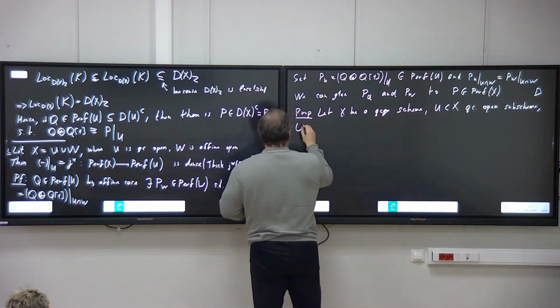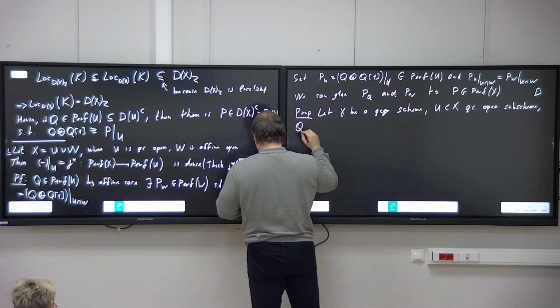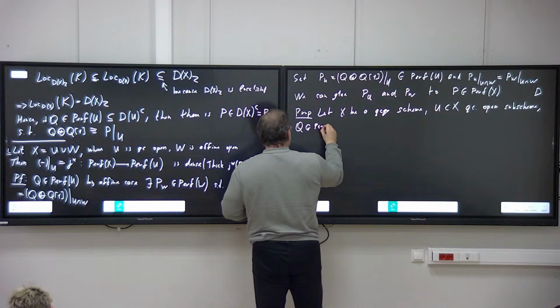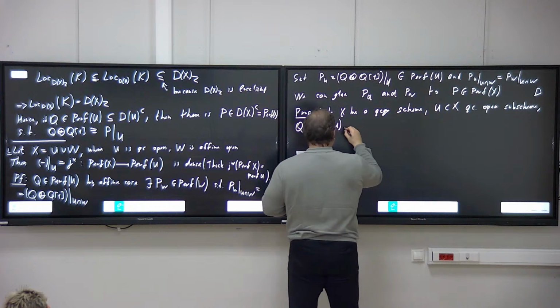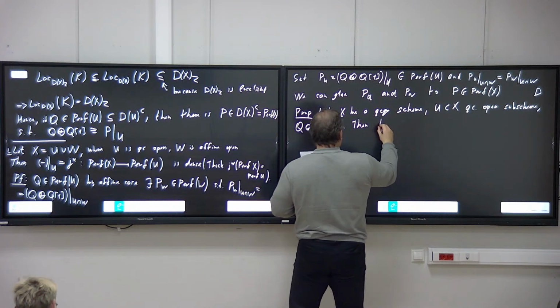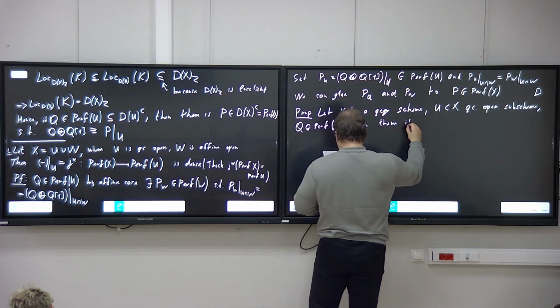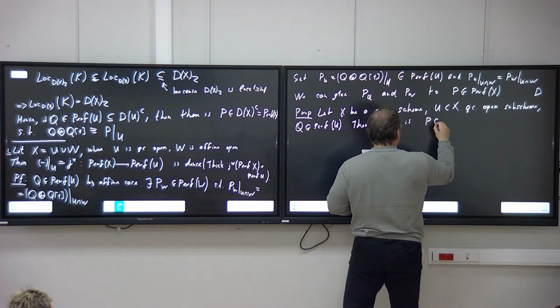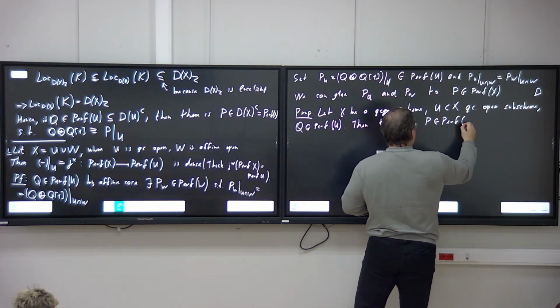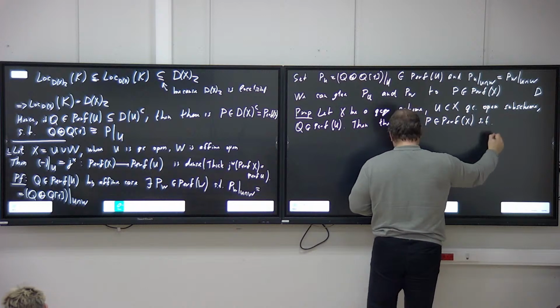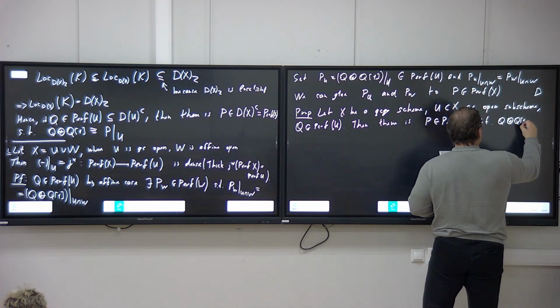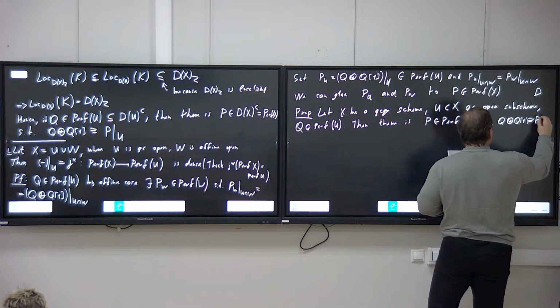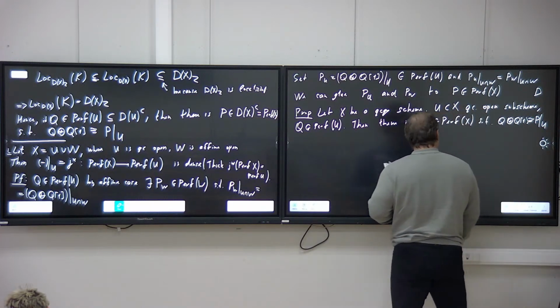We take Q to be perfect on U. Then there is P perfect on X such that Q plus Q shifted by 1 is quasi-isomorphic to P restricted to U.